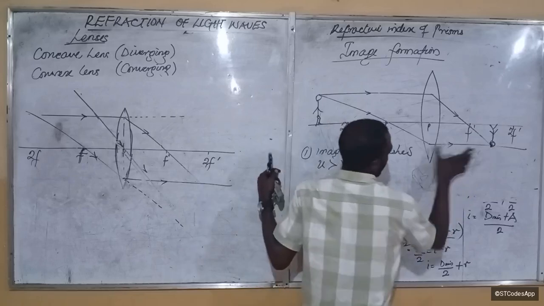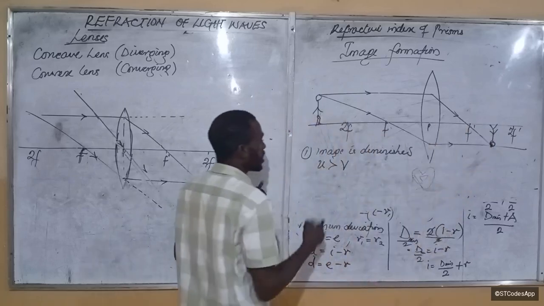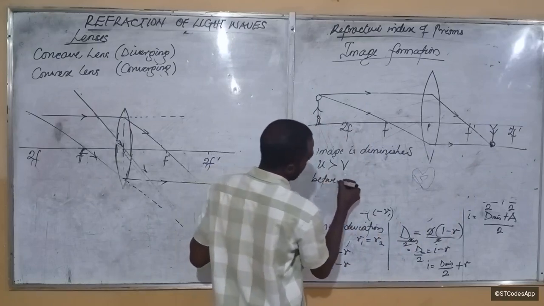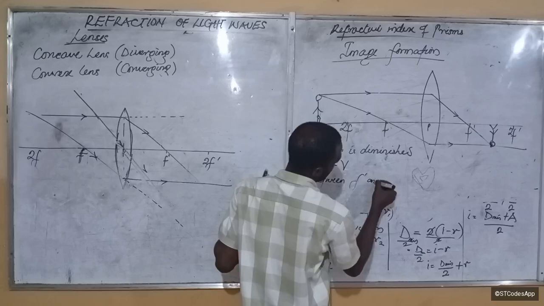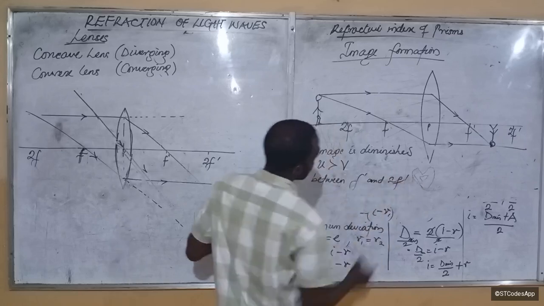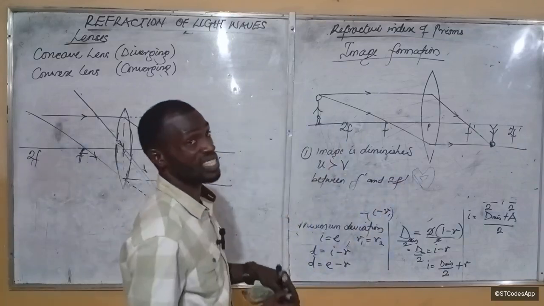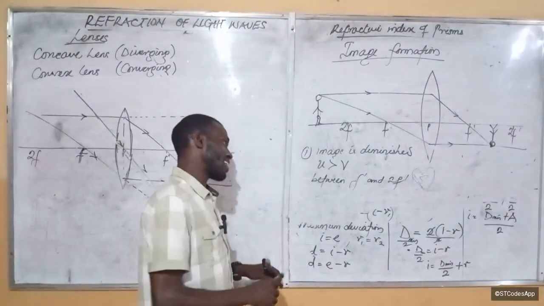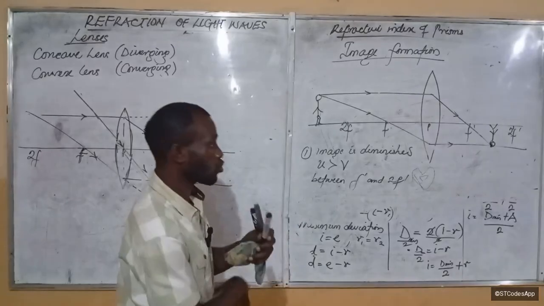Look, because what's the position of the image here? Between what? Between F prime and 2F prime. But remember, you should not put your image very far away from 2F. Do you understand now? So that's very important for you to note.